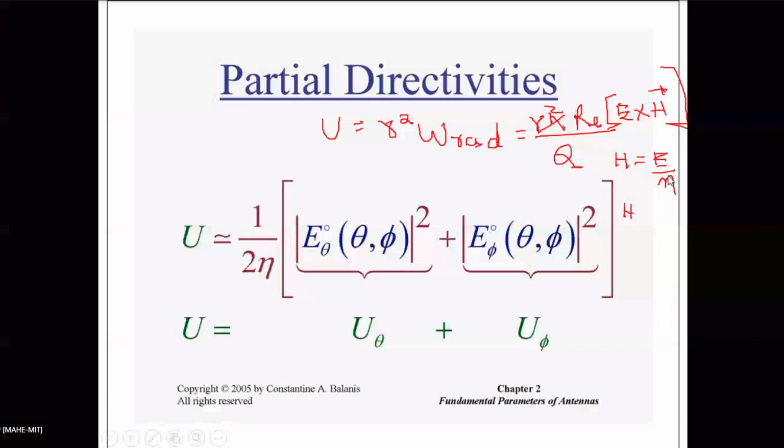So H star will be E star by eta. So E cross E star will be the magnitude squared. So you will get U as R square by 2 eta into E square.